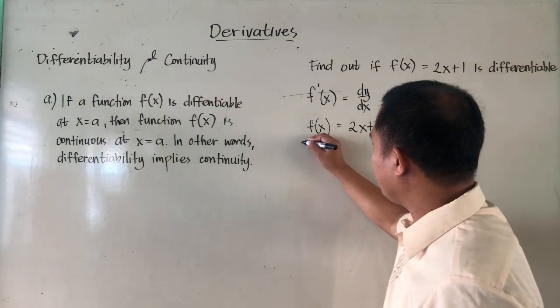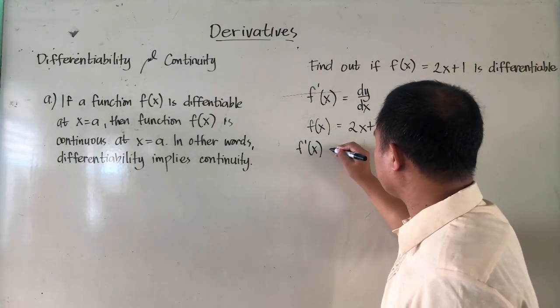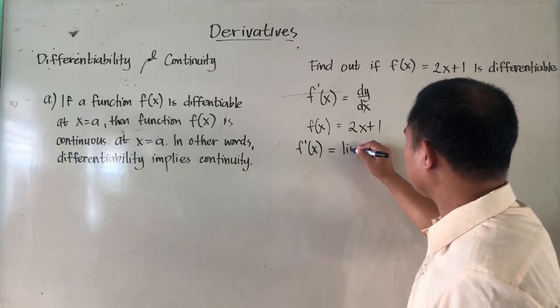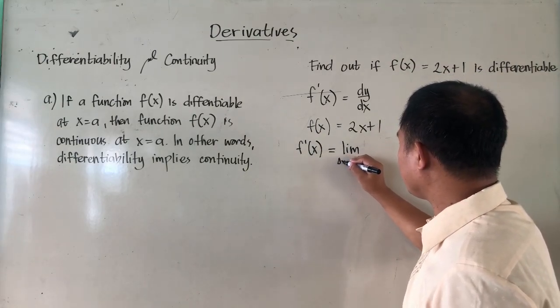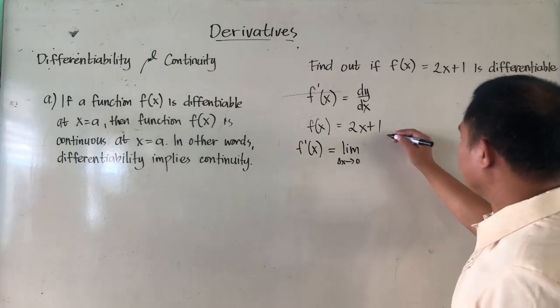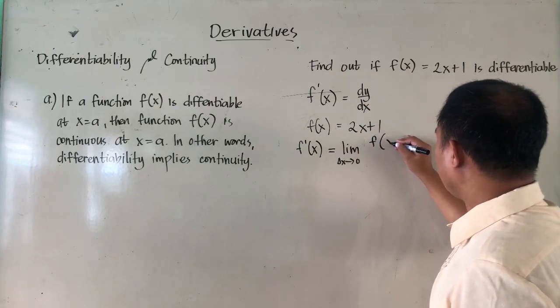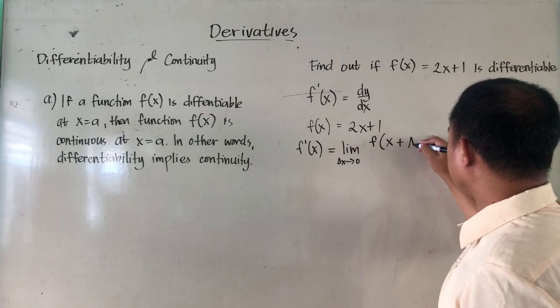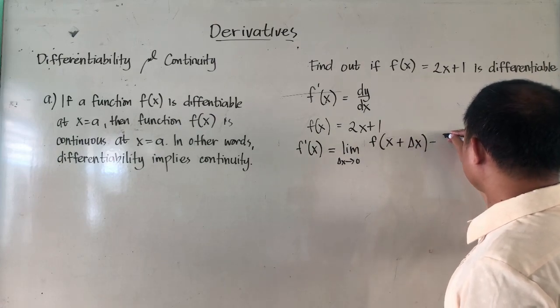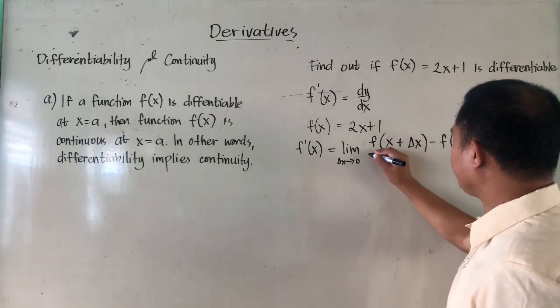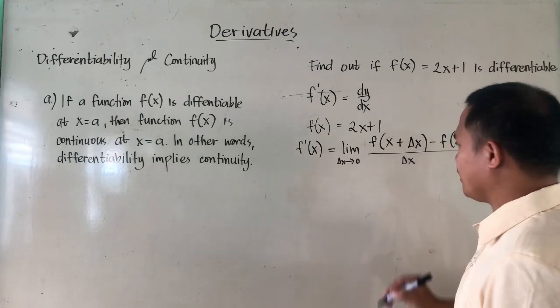So, we have f prime of x equals the limit as delta x approaches 0 of f of x plus delta x minus f of x over delta x.